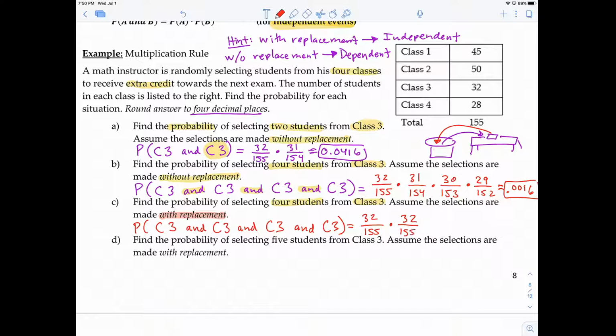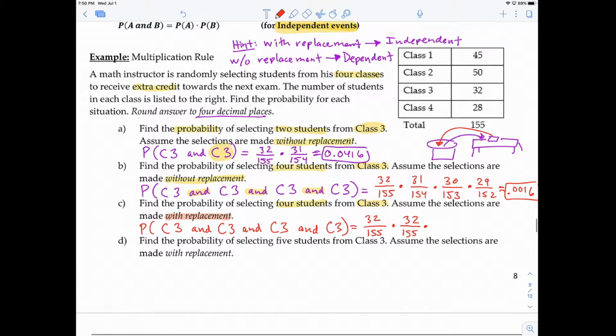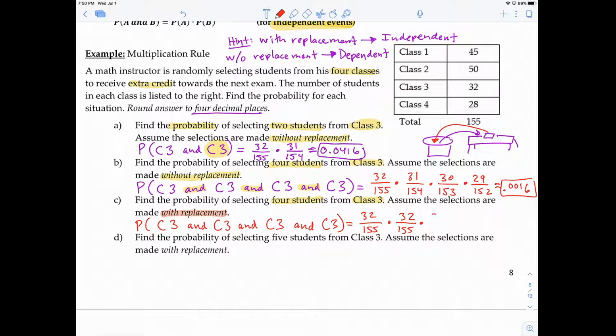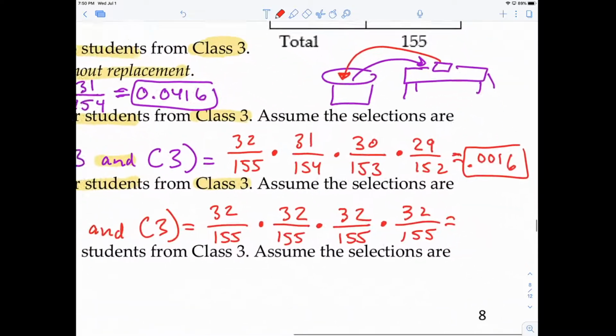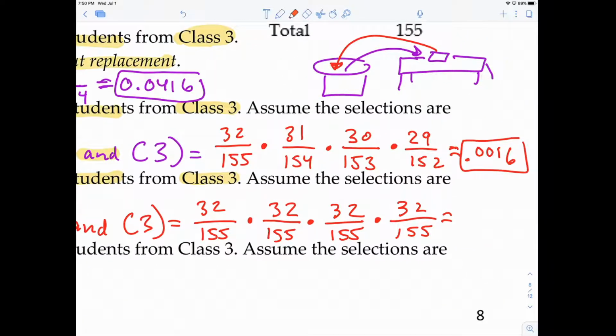With each student we select, we put the name back in. And for the third student, the probability is the same as well, because again, we're making the selection with replacement.